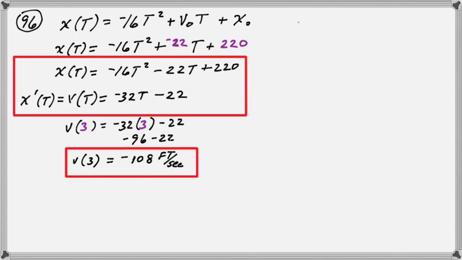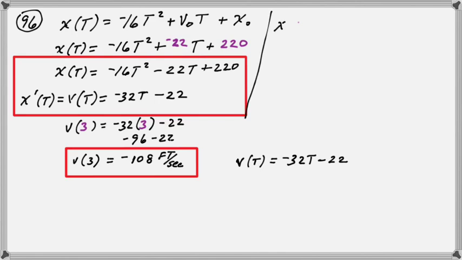It also asks, what is the velocity after falling 108 feet? First, we're going to have to rewrite the velocity because it says what is the velocity when something happens, right? So I'm going to need my velocity formula. And it says what's the velocity after falling so many feet, right?